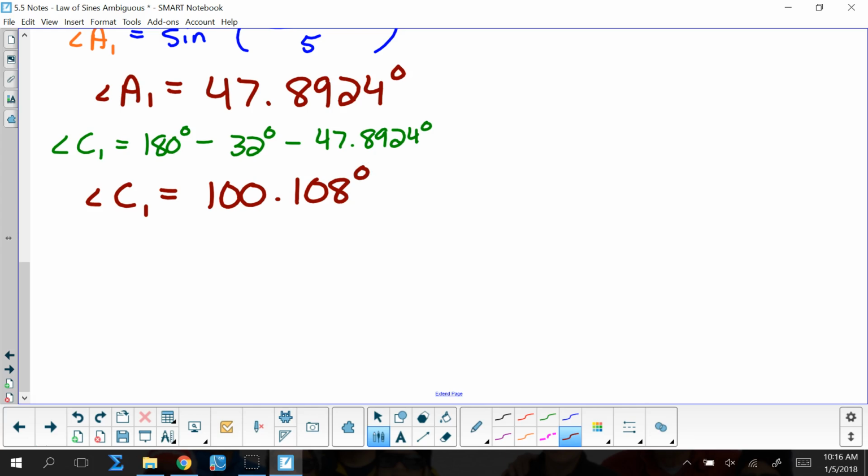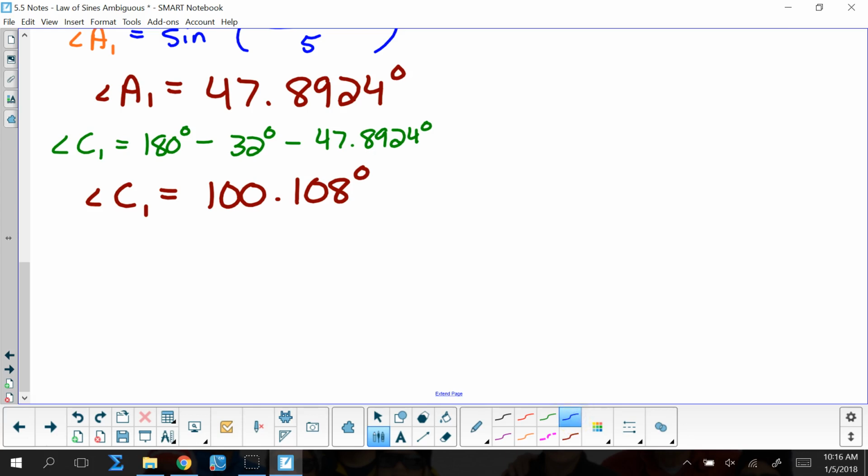Full disclosure, when I did these calculations, I left things on my calculator. If you rounded angle A to 47.89 degrees, your angle C would have been 100.11 degrees, and so on, and your side C might be off by just a little bit.